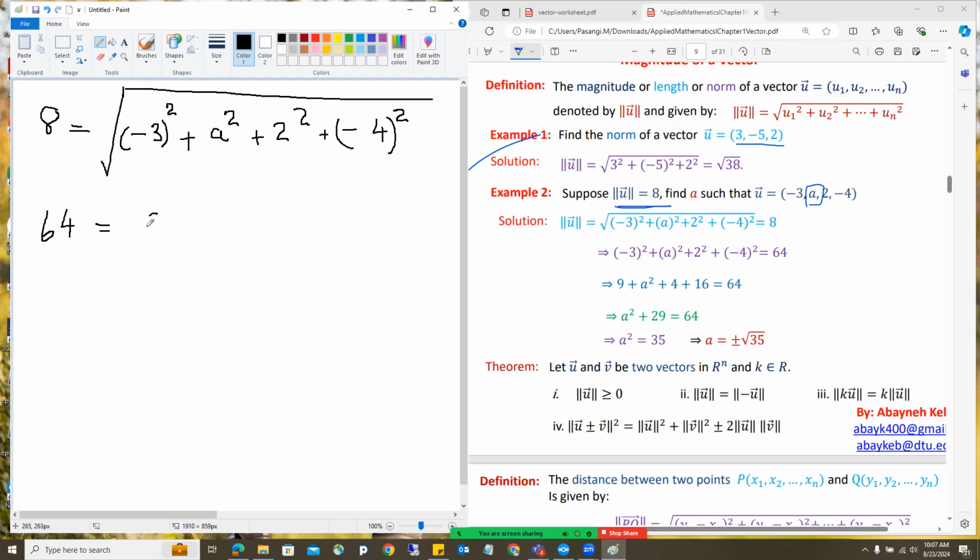64 is equal to 9 plus a squared plus 4 plus 16. So we have 64 equals 9 plus 4, that is 13. 13 plus 16, that is 29, plus a squared.